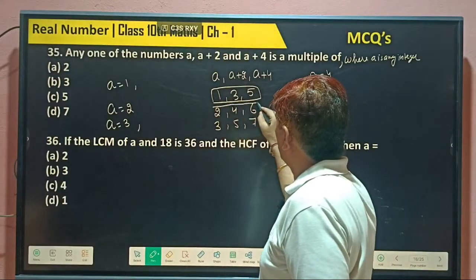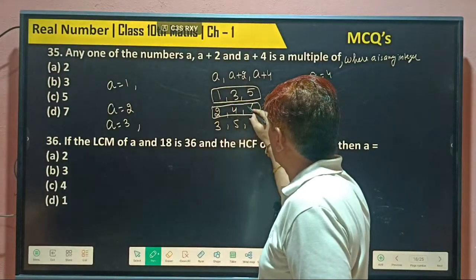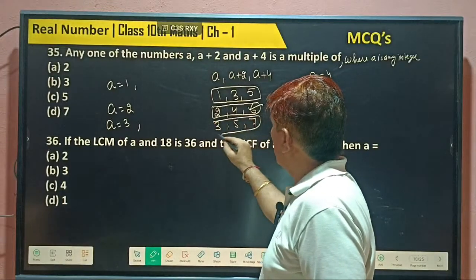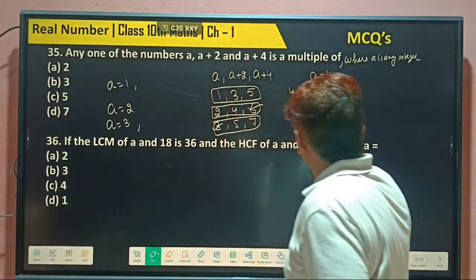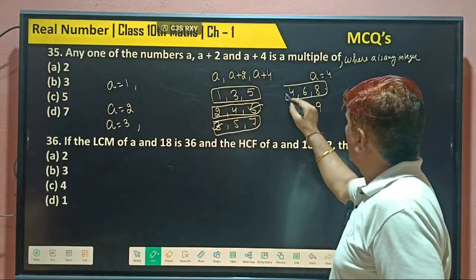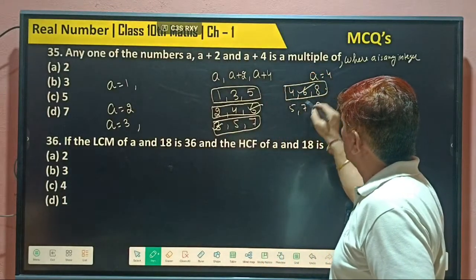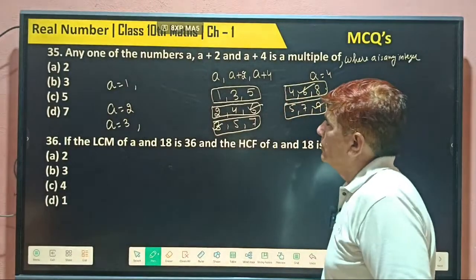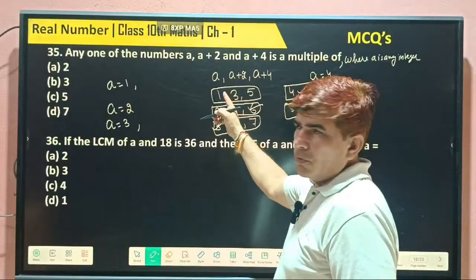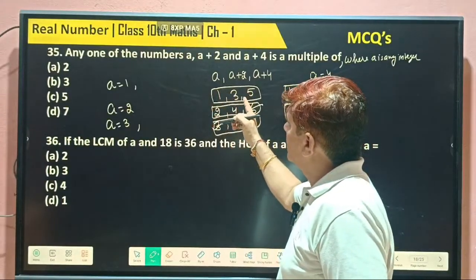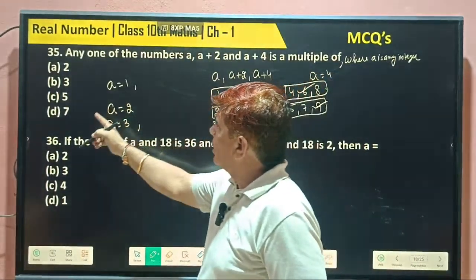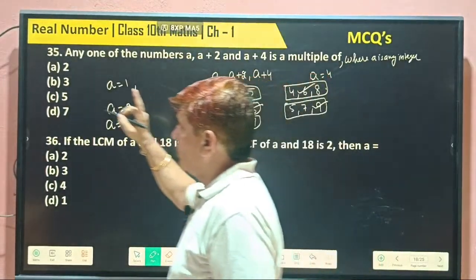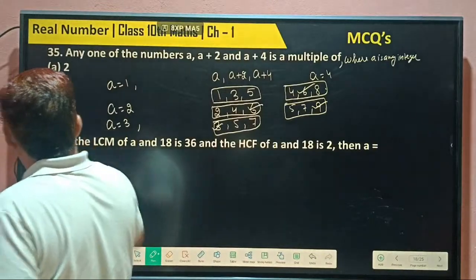In this, is anyone a multiple of 3? Yes, 6. In this, any multiple of 3? Yes. Here also, a multiple of 3. But here, not a multiple of 2. Your options 2, 3, 5, 7 are given, so what's your answer? B is your answer.